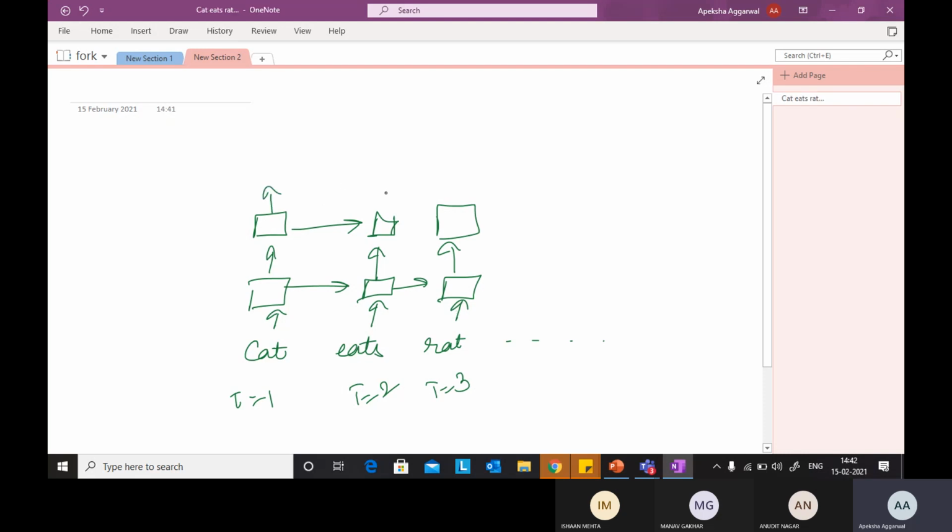So the first problem was that all the text is processed sequentially, so there was no parallel processing in this kind of scenario. Secondly, if we have a very long sentence, very large sentences in the data, it will suffer from vanishing and exploding gradient problems.